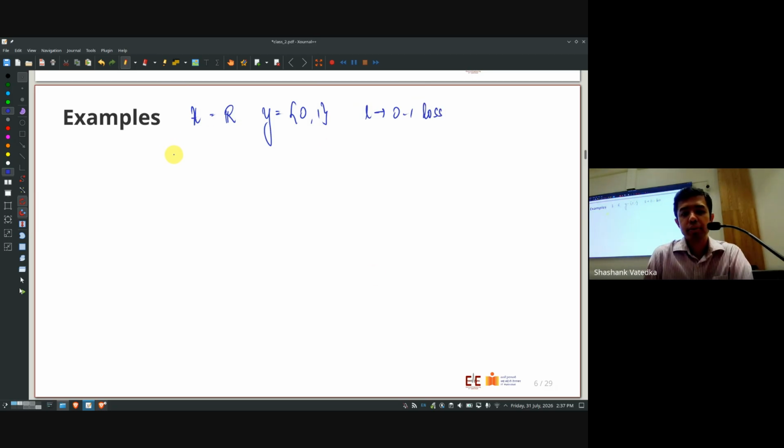The hypothesis class that we are going to consider is the so-called step function. So h of x is equal to the indicator that x is between some alpha and beta.